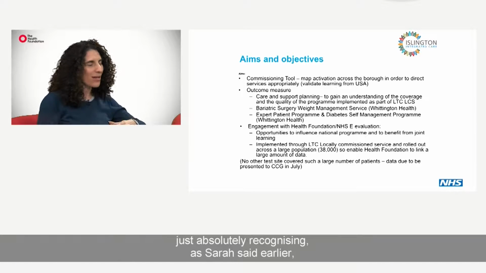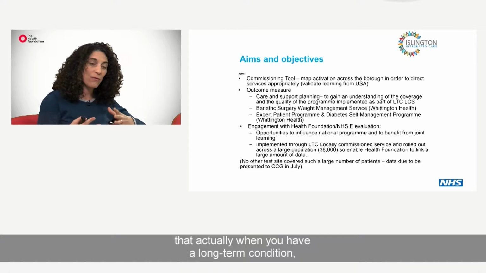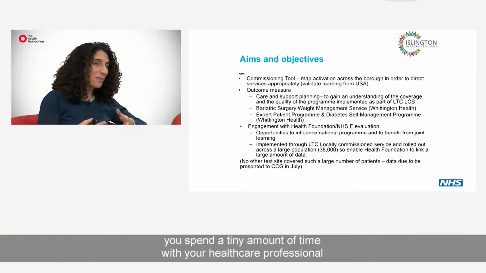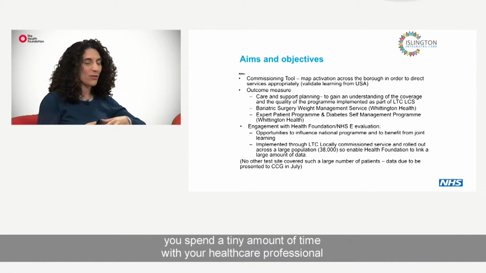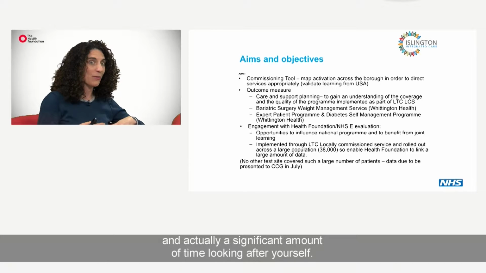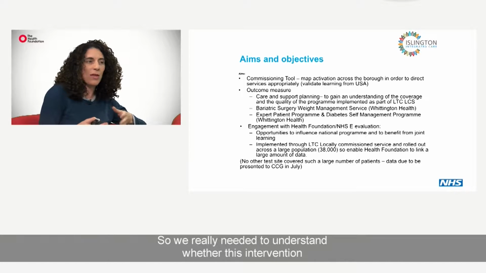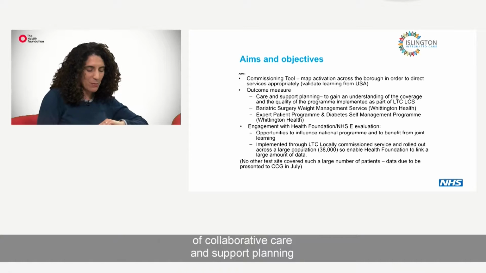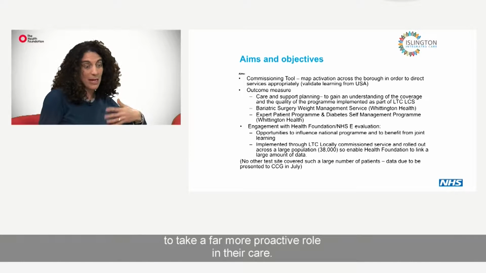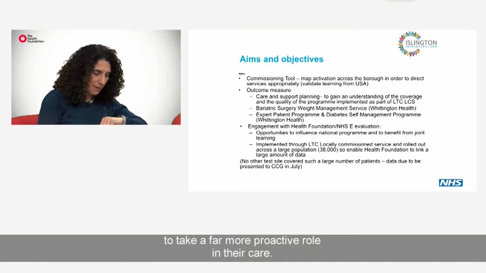Just absolutely recognising, as Sarah said earlier, that when you have a long-term condition, you spend a tiny amount of time with your healthcare professional and a significant amount of time looking after yourself. So we really needed to understand whether this intervention of collaborative care and support planning would help people to take a far more proactive role in their care.